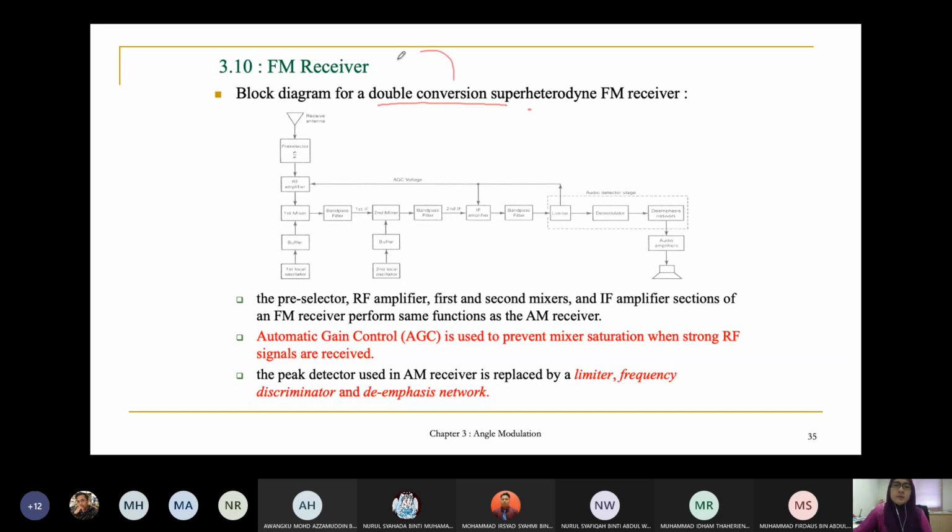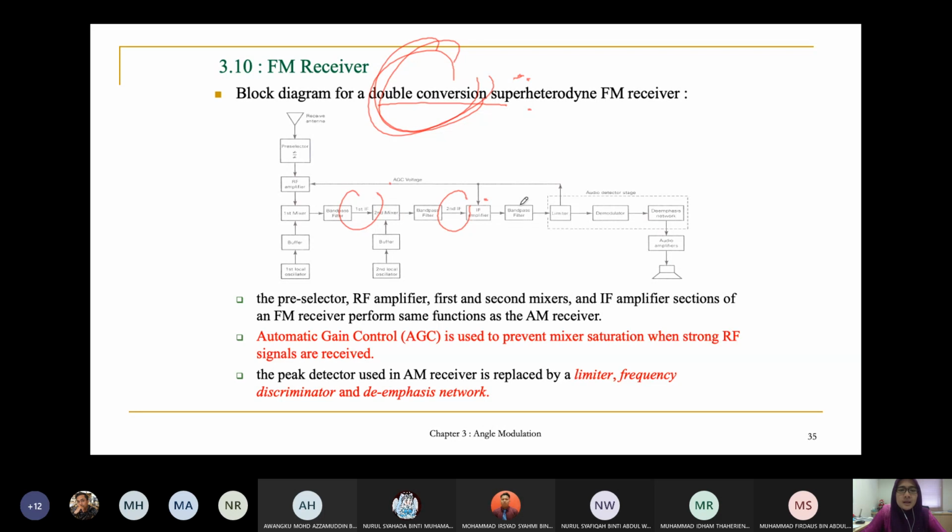I think you have learned about the double conversion process in the previous lecture. So why is it called double conversion? Because you can see that it has two intermediate frequencies.